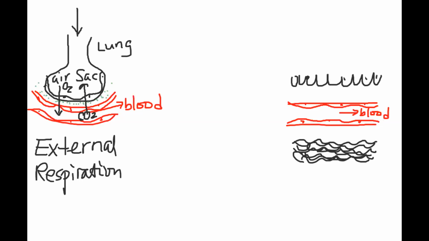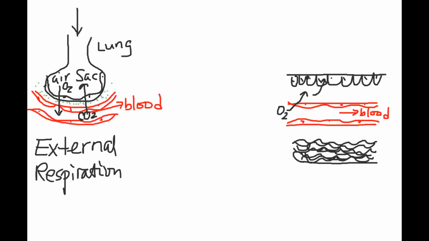The metabolism of these cells will generate a lot of CO2 and also use a lot of oxygen to make ATP. So when blood is traveling in this area, the oxygen will first get out of the blood capillary, by simple diffusion again. Oxygen will travel from the higher concentrated area to the lower concentrated area, and then get into the tissue cells.